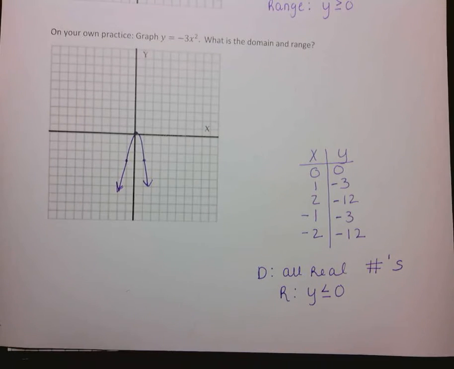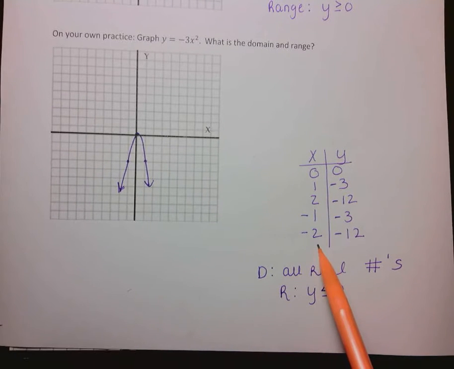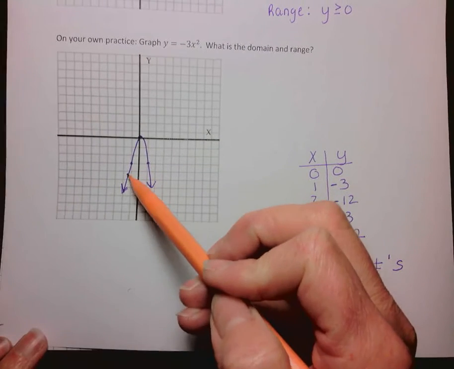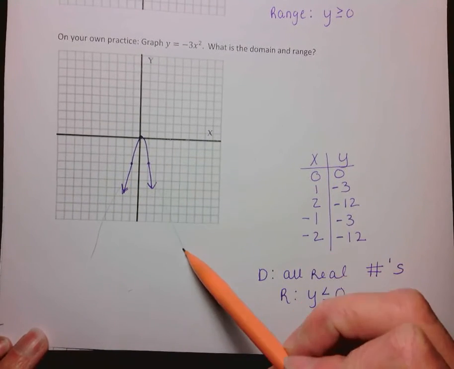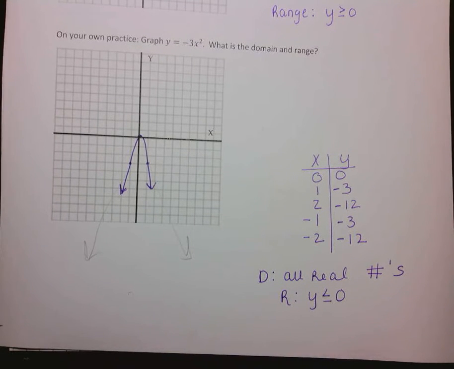Again, I want to pick values for x that are easy to work with, so I picked 1s and 2s here. The domain is going to be all real numbers because, again, this graph is going to keep going out in both directions towards infinity, so it would eventually cover all possible values of x.